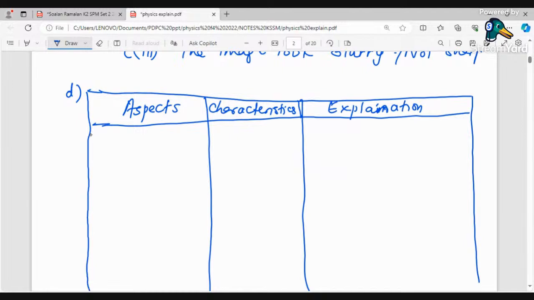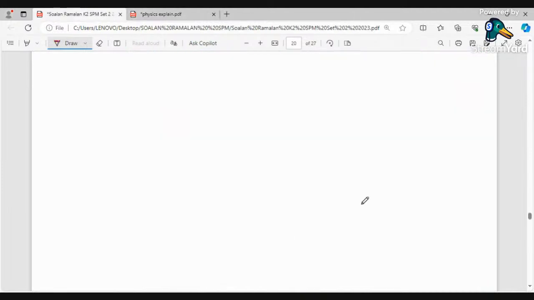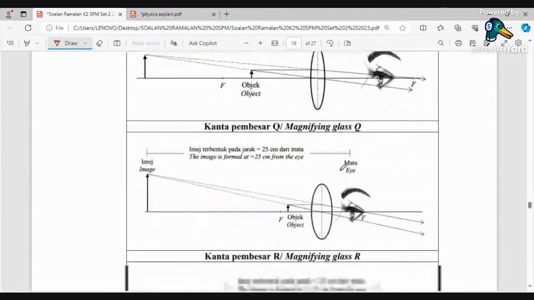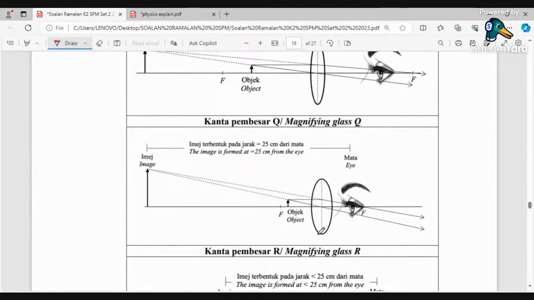Okay, aspek yang pertama tadi ialah thickness of lens. Tulis dulu dia punya. Okay, boleh refer diagram yang diberikan. Diagram ataupun table tadi. Sini. So you can see ada thin and thick lens.